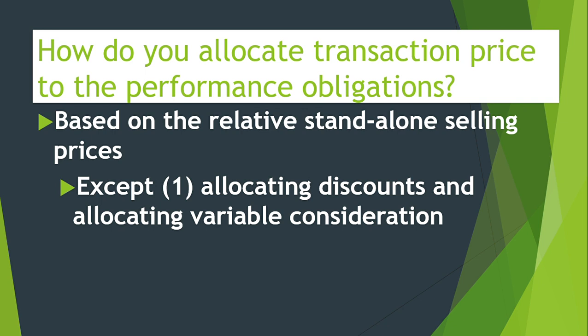So you're going to allocate the transaction price to the performance obligations. The general rule to do it is in proportion to the relative standalone selling prices, except number one, allocating discounts, and number two, allocating variable consideration.